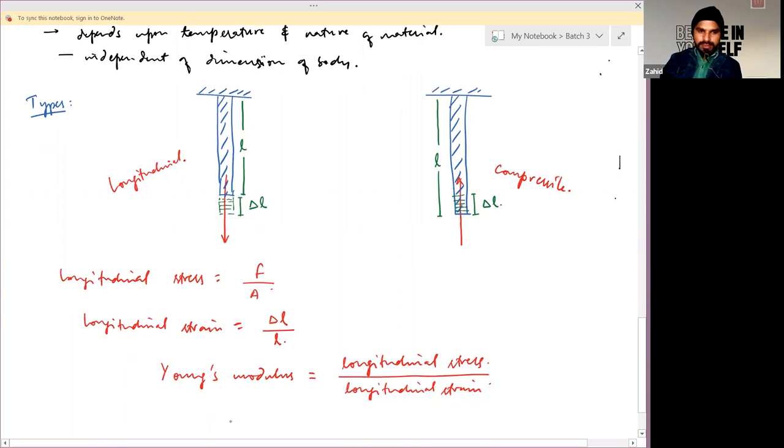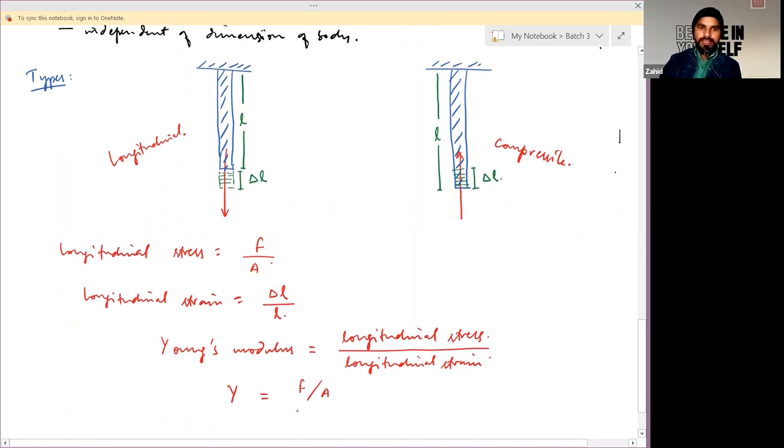Young's modulus is denoted by Y. Longitudinal stress is force divided by area. Longitudinal strain is delta L divided by L. On simplifying, you will get F into L divided by A into delta L. So this will be your formula for Young's modulus.